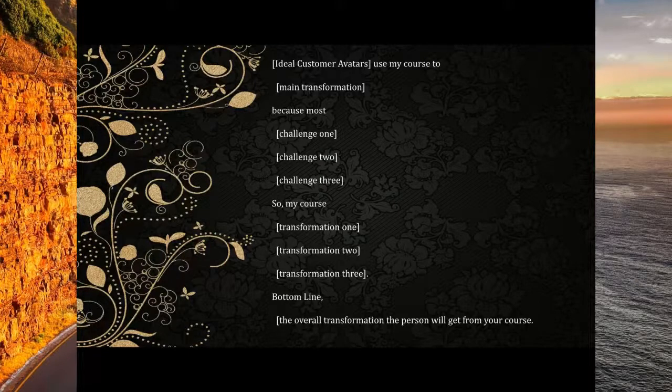That was your $1 million benefit, I think, when you talked about in the previous exercise, because most, and then challenge 1, challenge 2, challenge 3. She would use the term pain point 1, 2, and 3. So my course, and then here's the main benefits or transformations 1, 2, and 3, and then the bottom line, which is your overall transformation the person will get from your course.